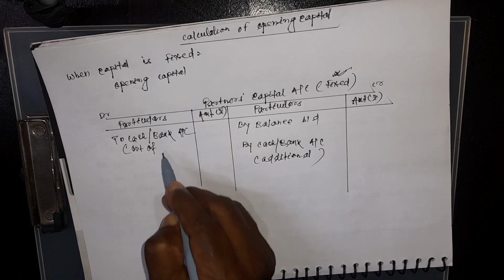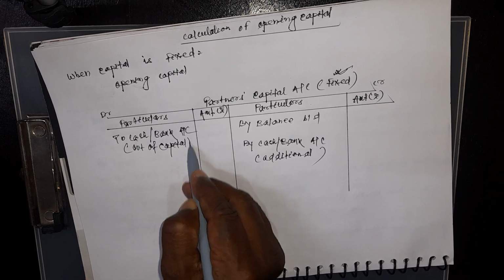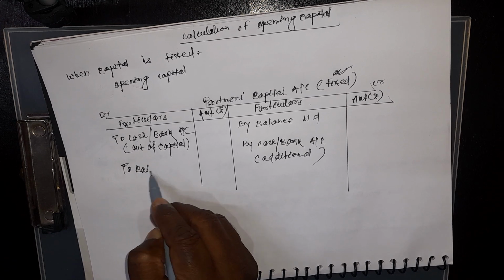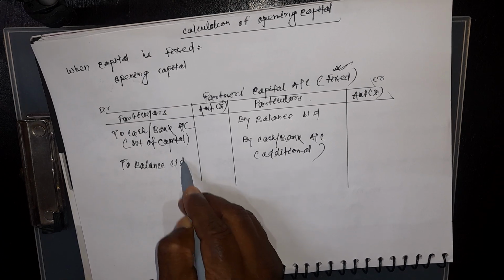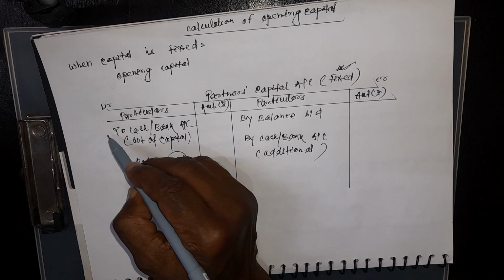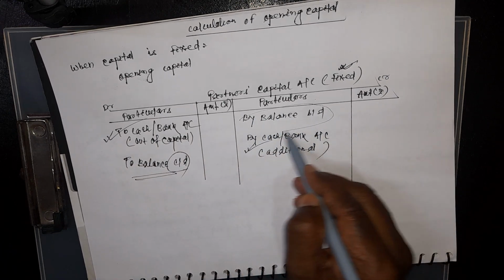Then the last one is to balance c/d, this is closing capital. This will be given, and the additional capital and drawing will also be given. You have to find out the opening capital.